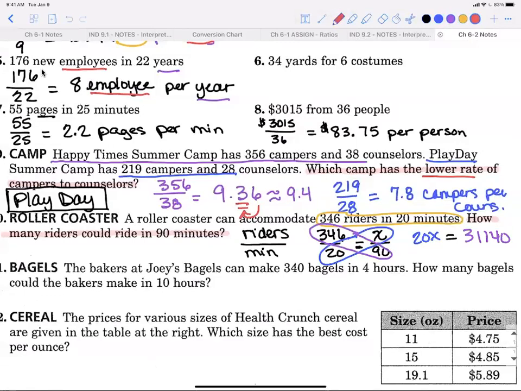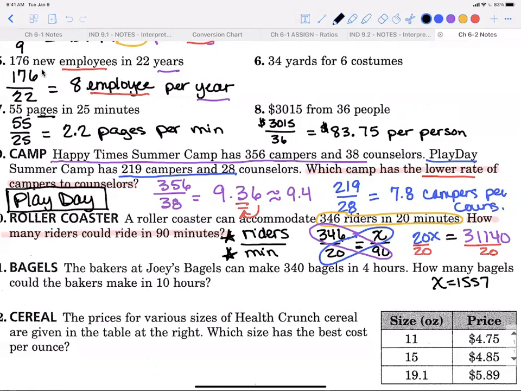Now what do we have to do to solve for x? We need to divide by 20, divide by 20, and we get x equals 1557. Now this is a story problem, so we have to label this. In our possible labels, we have riders and minutes. What were we solving for?